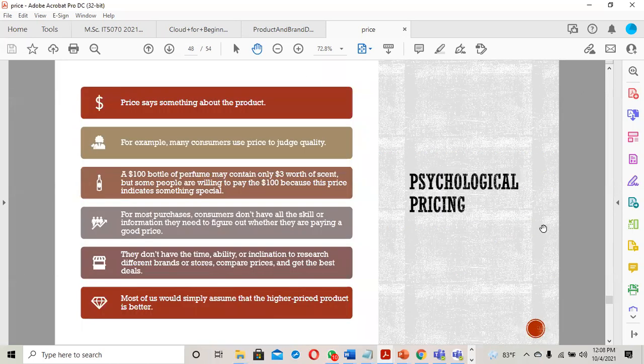So now there is psychological pricing. Okay, psychological pricing. Now we have this concept: if the price is very low, then there must be something wrong with the product. If the price is very low, then there must be something wrong with the product.